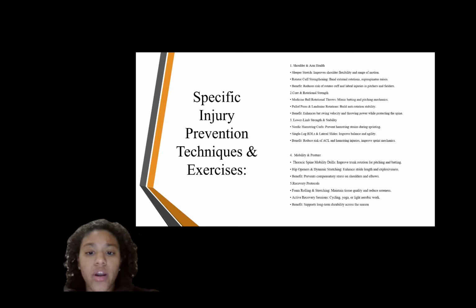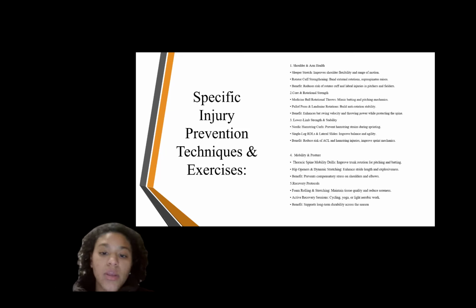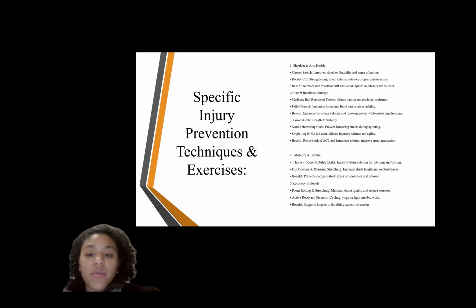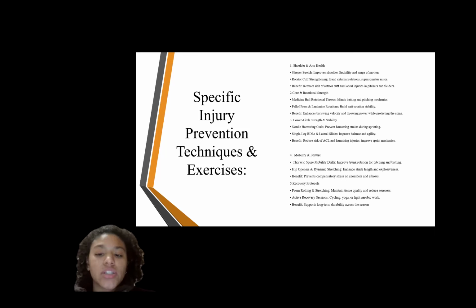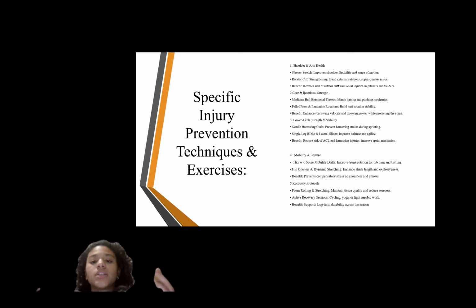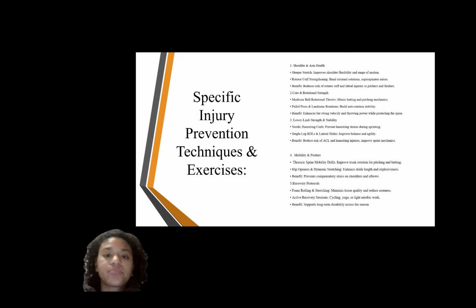And then for recovery protocols, we want to implement foam rolling and stretching, maintaining tissue quality and reducing soreness, and active recovery sessions like cycling, yoga, and light aerobic work. And of course, the benefit would be long-term durability across the season.